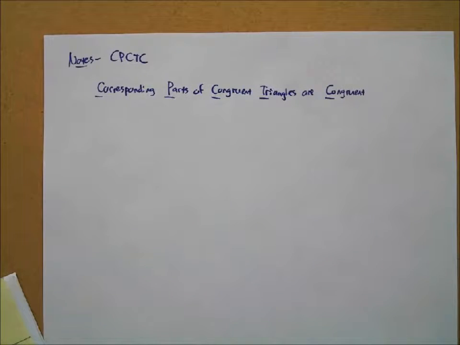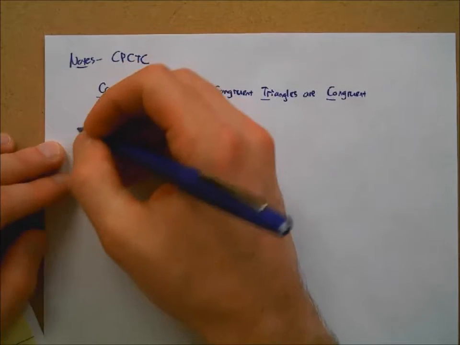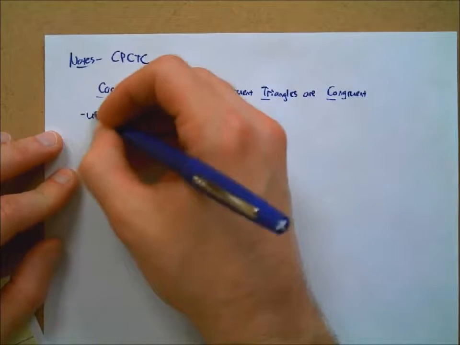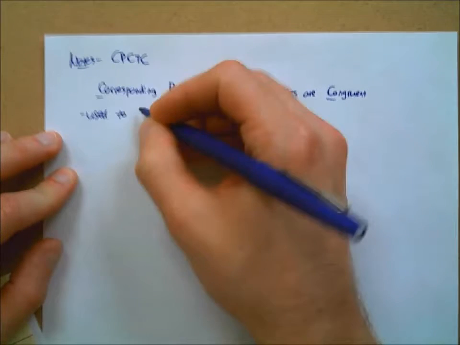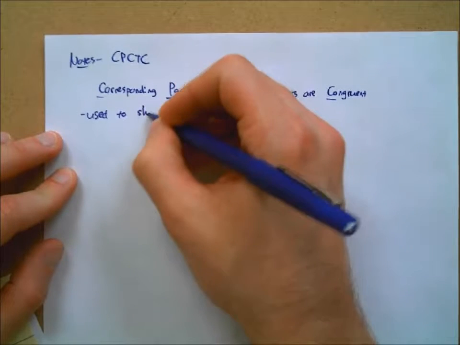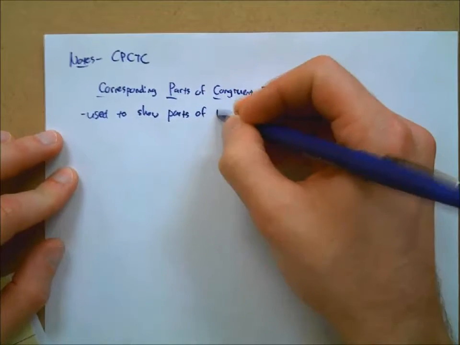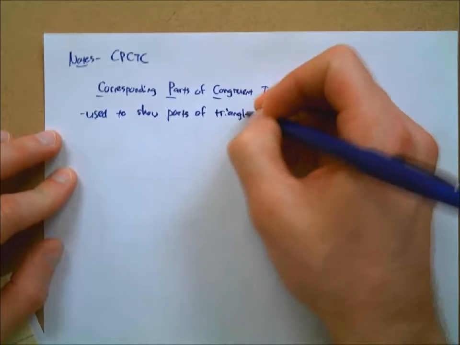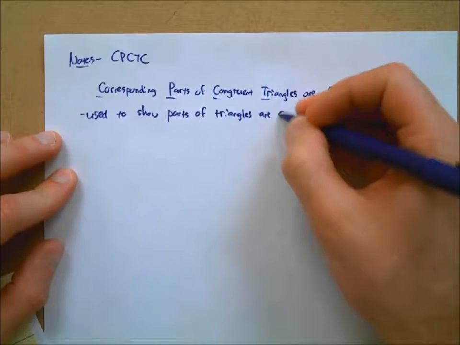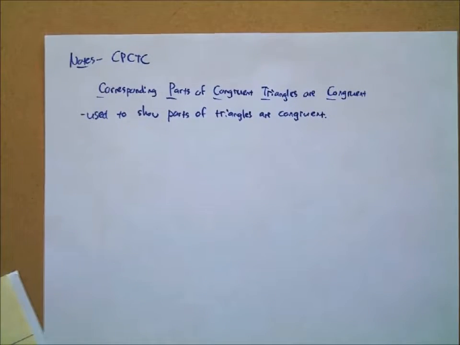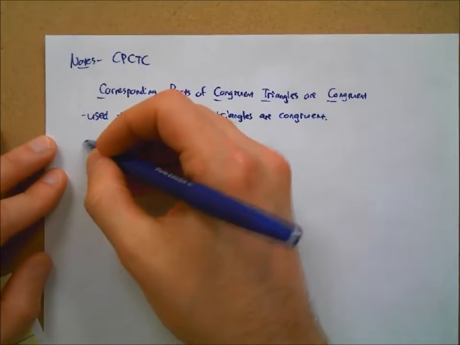And so I'll just jump into a proof. And I guess I'll just write this note. Used to show parts of triangles are congruent. Okay? So, example. Given. And we'll just do a proof.